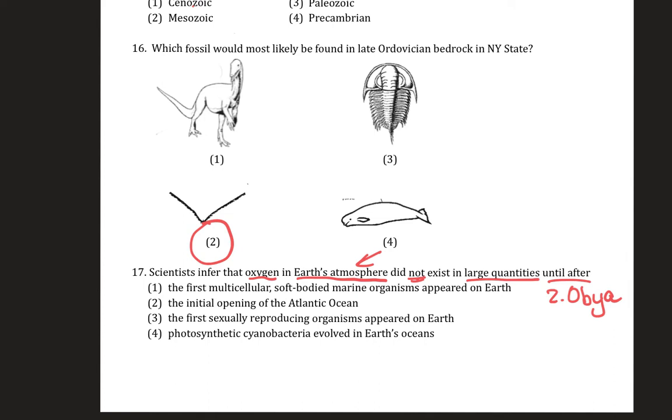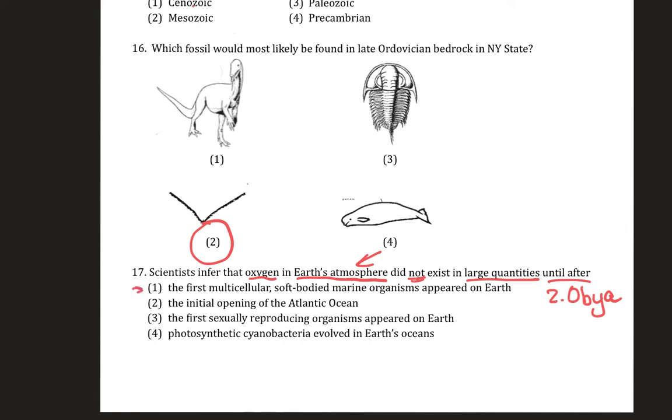So most of these things are probably happening after this 2.0 billion years ago mark, right? So we're trying to find something that happened before that, because all of these other things would have happened after, right? Okay, so let's see.